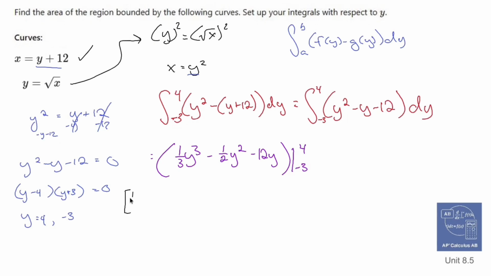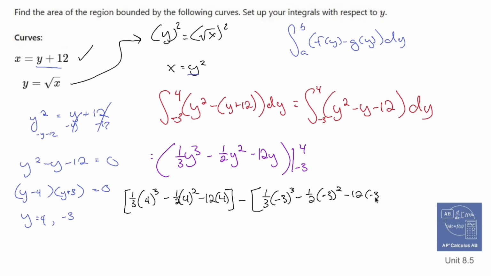All right, so 1/3 4 cubed minus 1/2 4 squared minus 12 4, minus 1/3 negative 3 cubed minus 1/2 negative 3 squared minus 12 times negative 3.